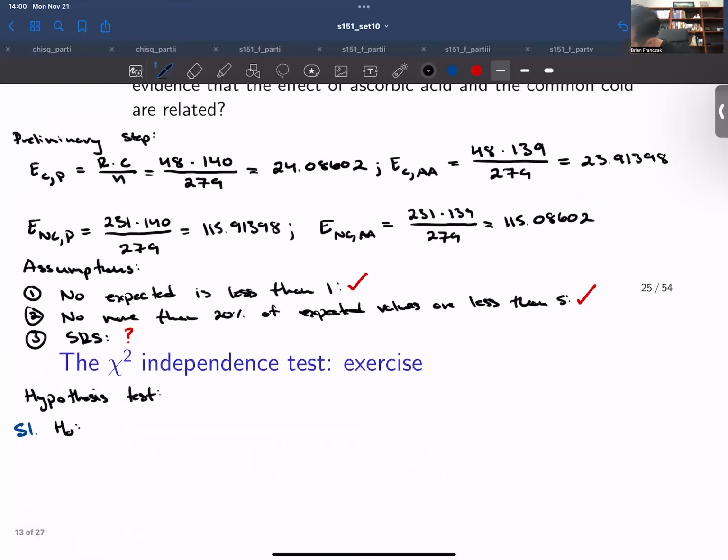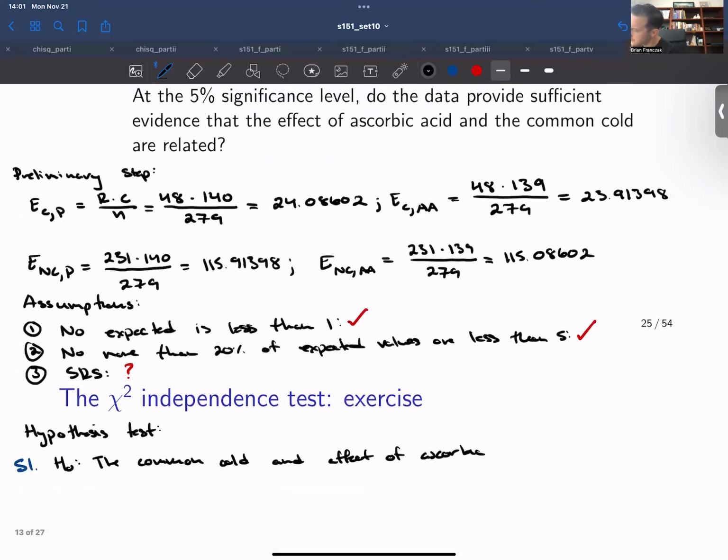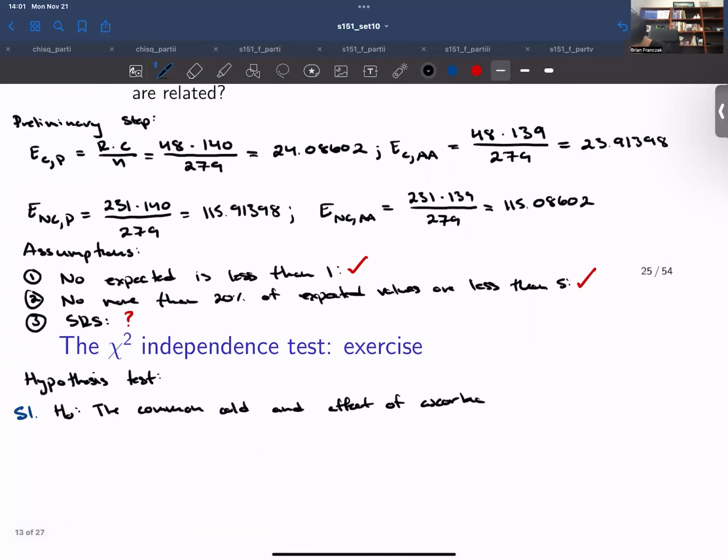Okay, so we can write, for example, the common cold and effect of ascorbic acid are independent, versus HA.